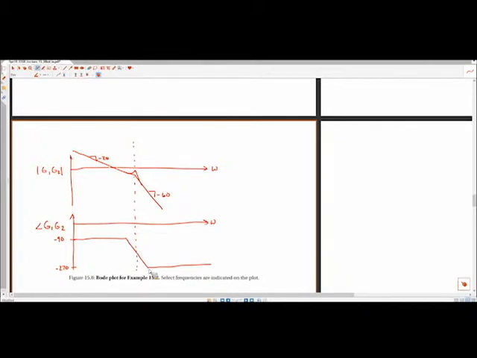Okay. And then the procedure we did for the previous one, we're going to follow for this one as well. So for the previous one, what we did is we looked at just a few frequencies of interest to plot the Nyquist plot. So let me use a different color just to make this pop a little bit better.